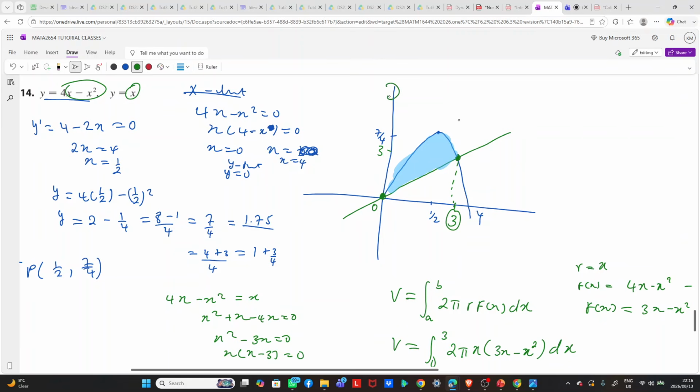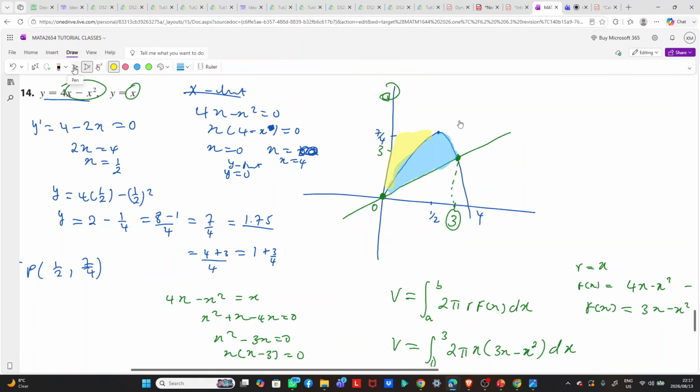Since we are revolving about the y-axis, do you see that? The space between the bounded region and the axis of revolution is this one.